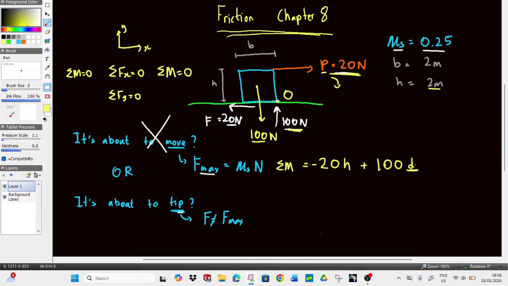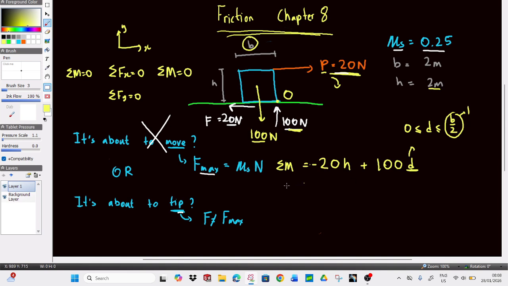And remember, in order for the box to tip, our D has to be between 0 to B over 2, which in this case obviously means it has to be between 0 to 1, right?